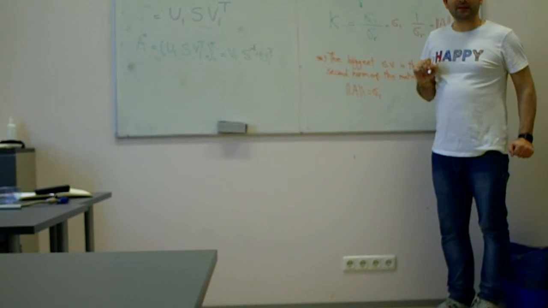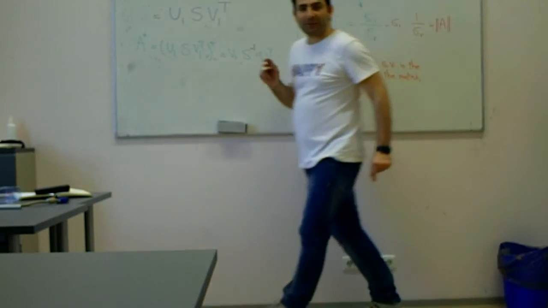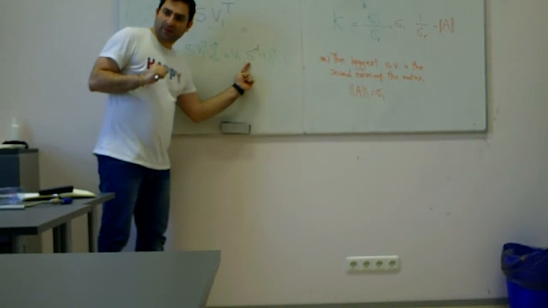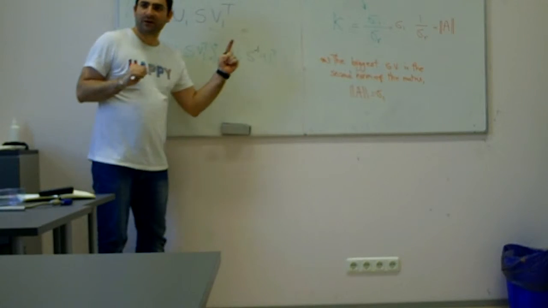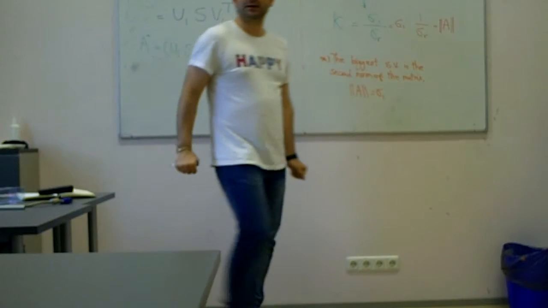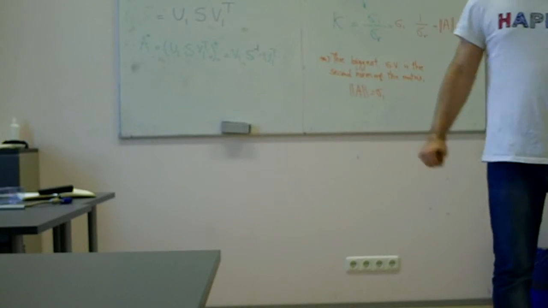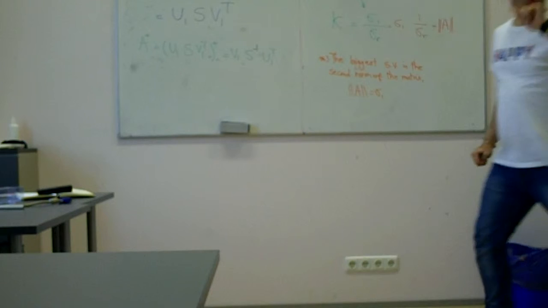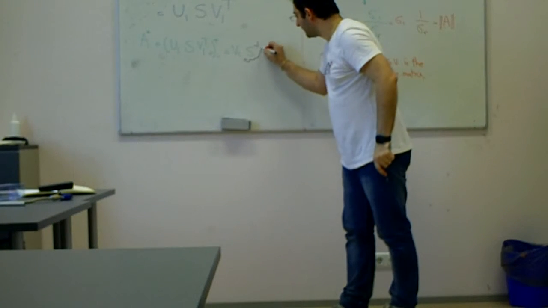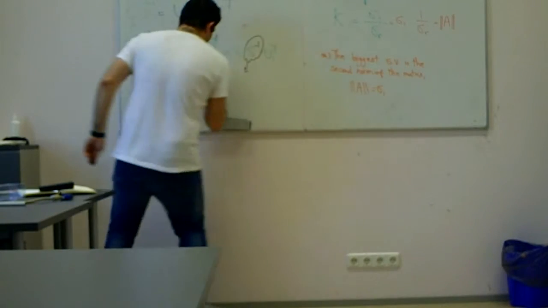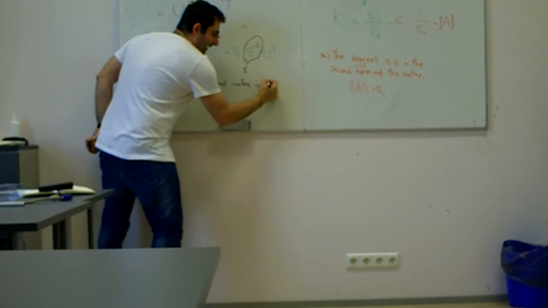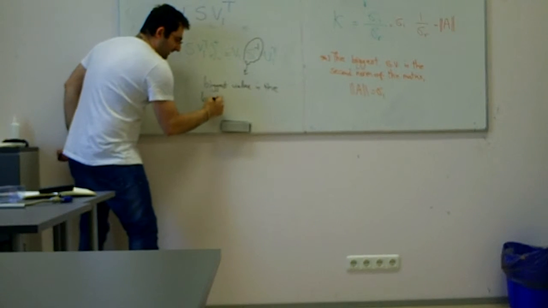Now, can you tell me, if I am calculating, or let's put it in this form. This is diagonal, right? The inverse is also diagonal. Can you tell me what is the biggest number in here in S inverse? The sigma R. No, don't call it sigma R. The last element. The biggest value is the last element.